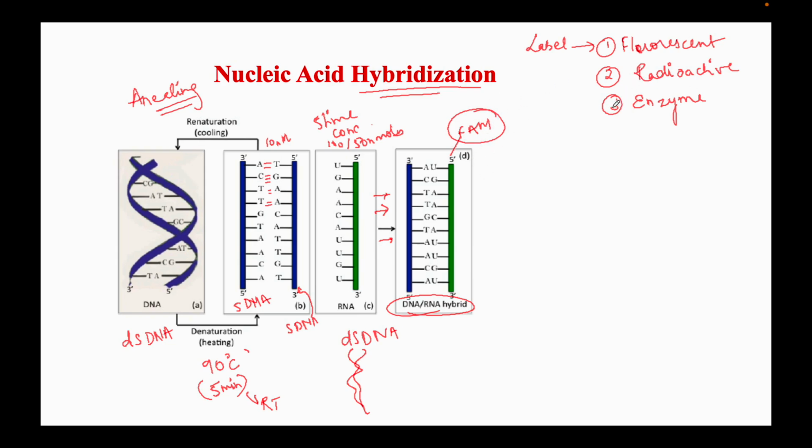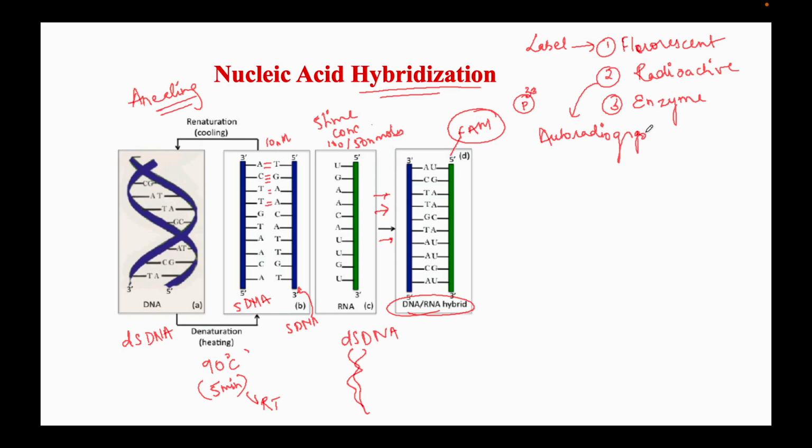Radioactive isotopes we can use. Generally the phosphorus is radioactive, either P32 or P33. The phosphate group of the DNA has radioactive phosphorus, and then we can use the autoradiography technique.